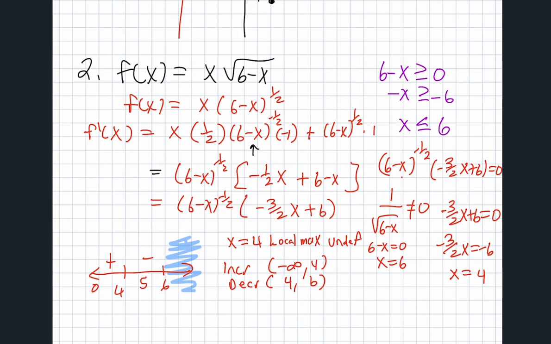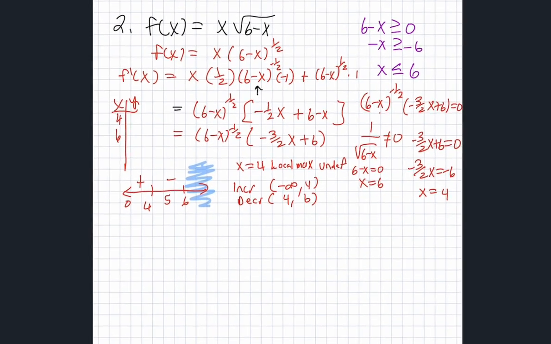There's nothing after 6. This graph stops at 6. We are definitely going to have to plug in 4 and 6 into our original function to see where those 2 points fall, because those 2 points are going to be really important to us.